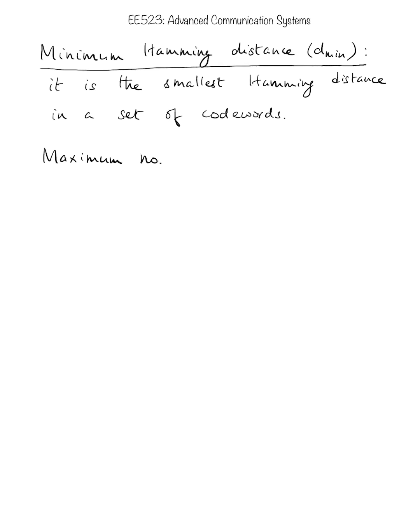maximum number of errors that can be detected with guarantee. Okay, we are interested in the detection capability with guarantee. We are not interested in things like, okay, it can detect sometimes but sometimes it will fail.